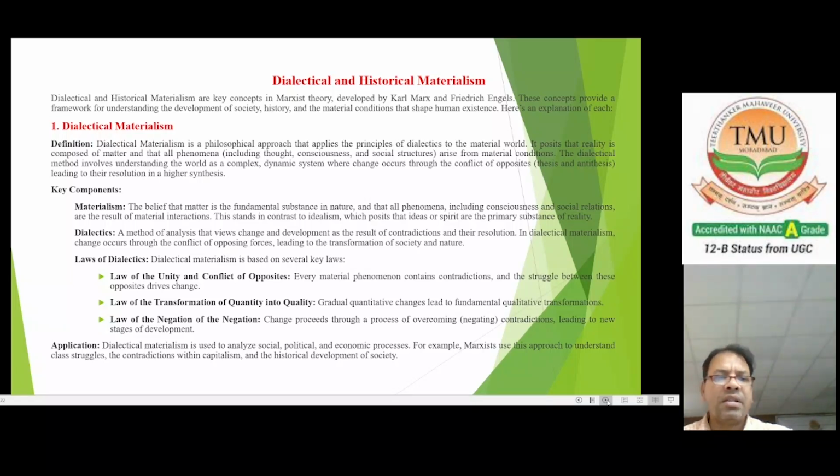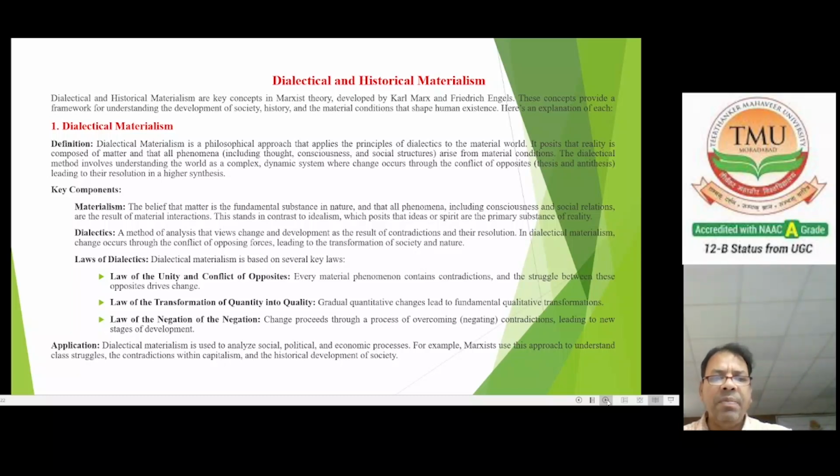The dialectical method involves understanding the world as a complex, dynamic system where change occurs through the conflict of opposites, theses and antitheses, leading to their resolution in a higher synthesis.